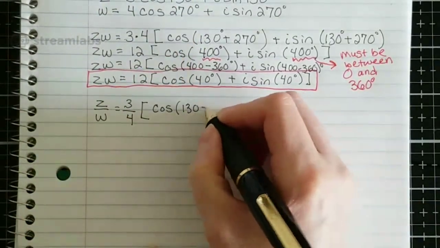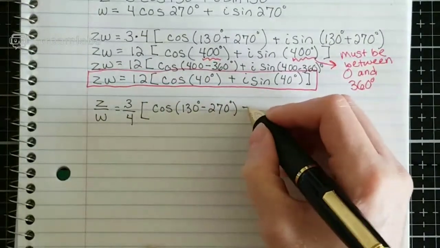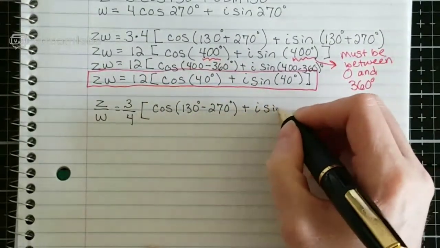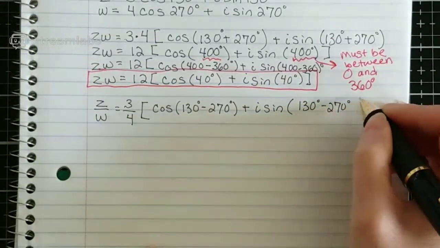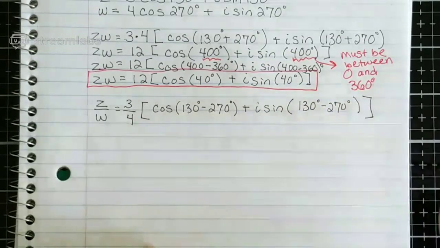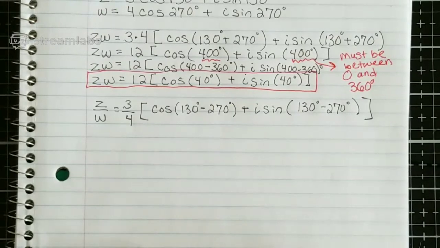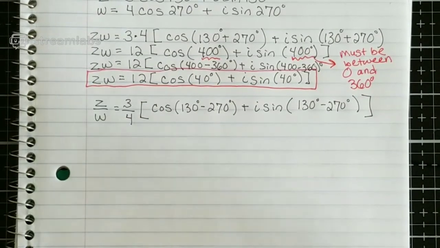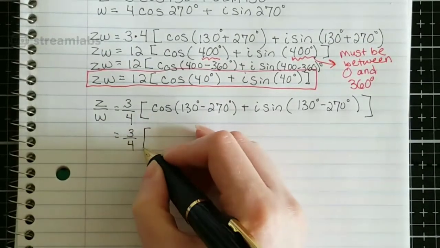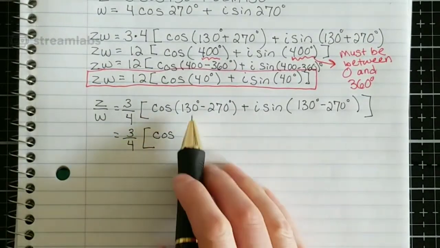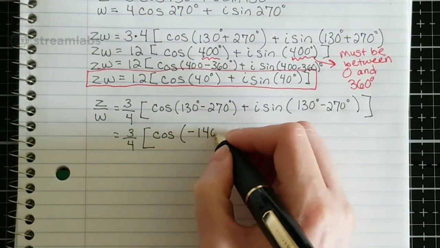So 130 minus 270, plus I sine 130 minus 270 again. We're going to leave that as the fraction, so that's going to stay as 3/4 cos, and 130 minus 270 would be negative 140 degrees.